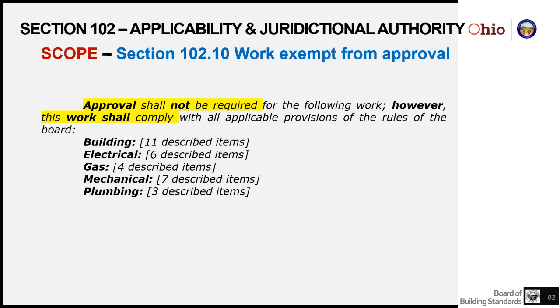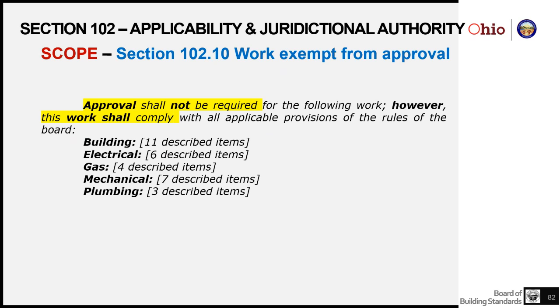One of the examples that we like to use is the electrical one, and they talk about how plan approval is not required for the installation of low voltage wiring. Doesn't mean that you can take that low voltage wiring then and run non-plenum rated wire through a ceiling plenum that requires rated wire in the plenum.